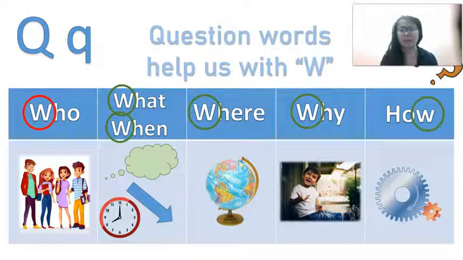Sometimes letters make different sounds. So who is one of these cases where the W doesn't make a sound. It's not woo, like woo is that, it's who is that?